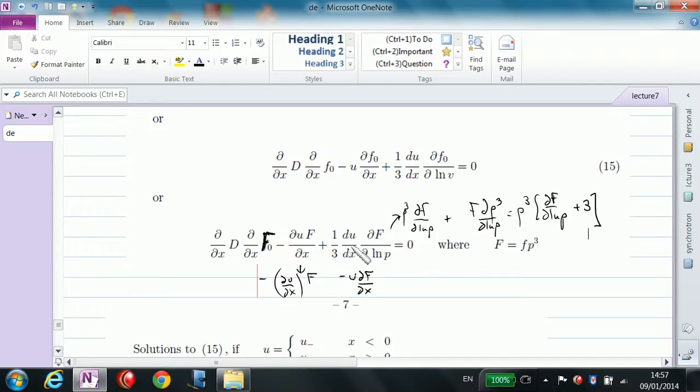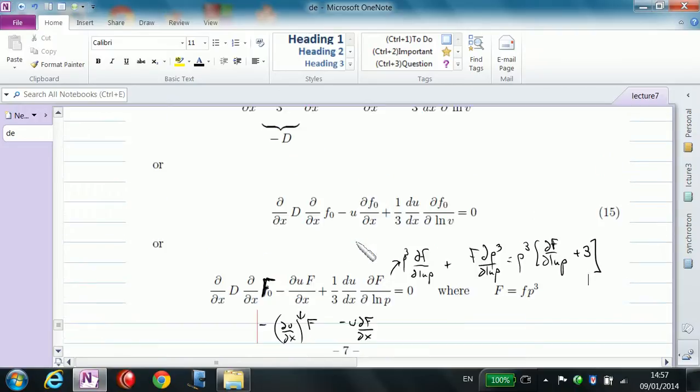That you could apply this equation even when du dx is a delta function, even when u changes over a scale less than the mean free path, because remember all we assumed was that u is much greater than v, and that the scattering was fast enough that you didn't have to worry about the higher spherical harmonics.